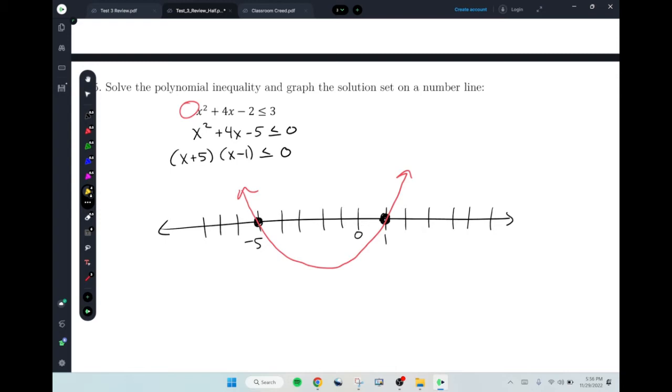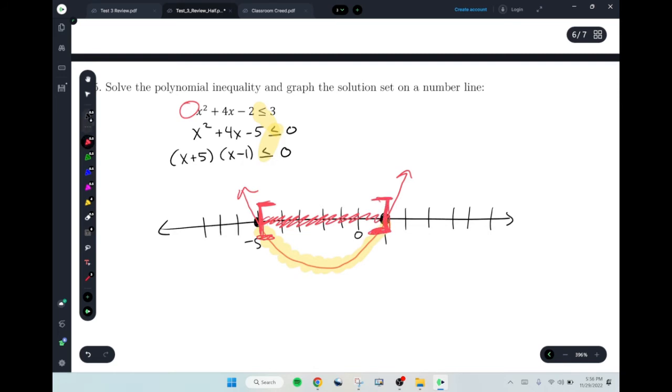The inside. Why this time on the inside? Not because it has equal. It goes down because it's less than. That means less. And so that's saying this is less than 0 down here. So what that looks like is like this.